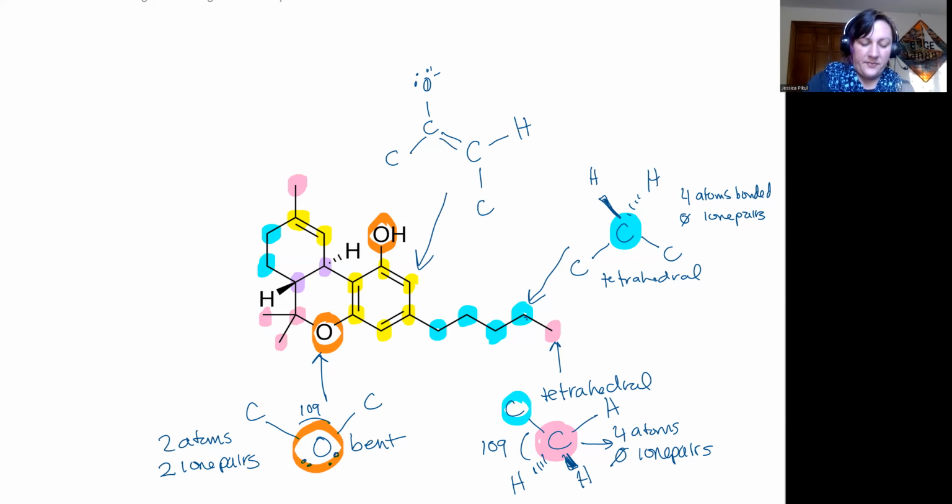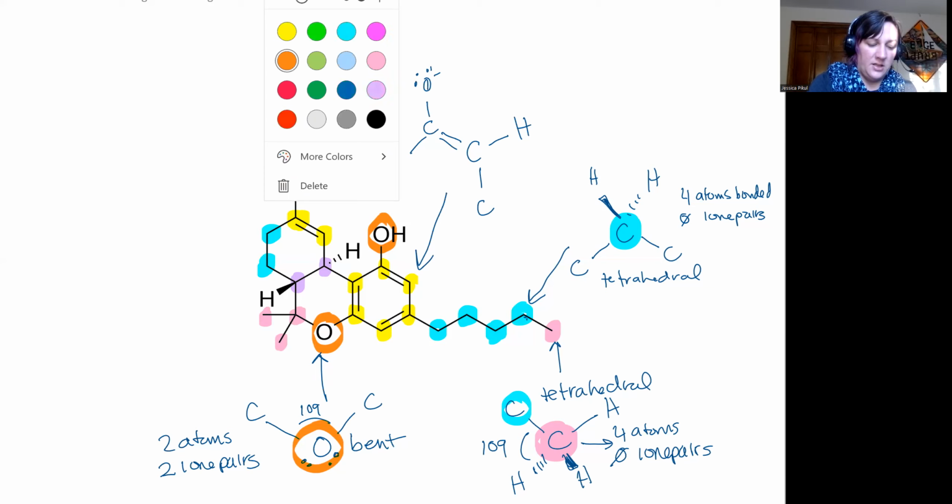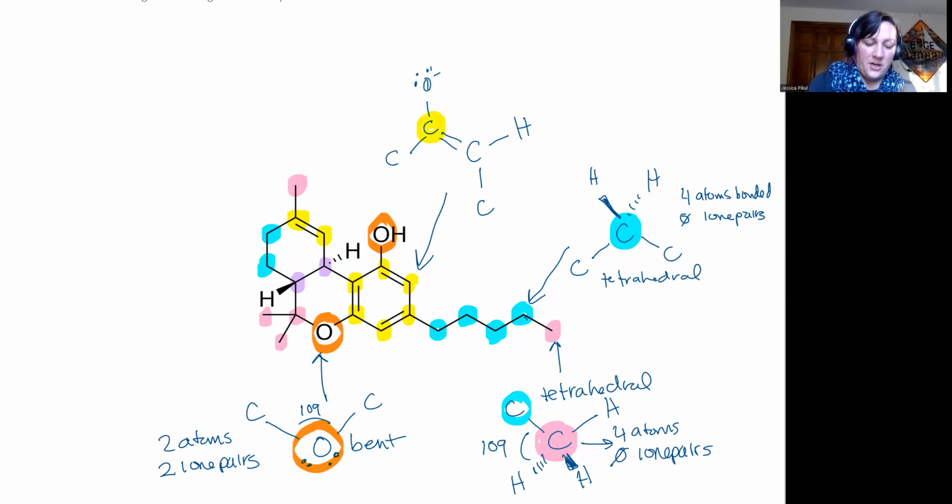We could look at either of these carbons and they should have the same geometry because they both have a double bond and then bonds to 2 other atoms. So they each have 3 atoms bonded and 0 lone pairs, no electrons around those carbons. They're on the oxygen, but that's not the atom we're looking at. And so these are going to be separated by 120 degrees, and it'll be trigonal planar.